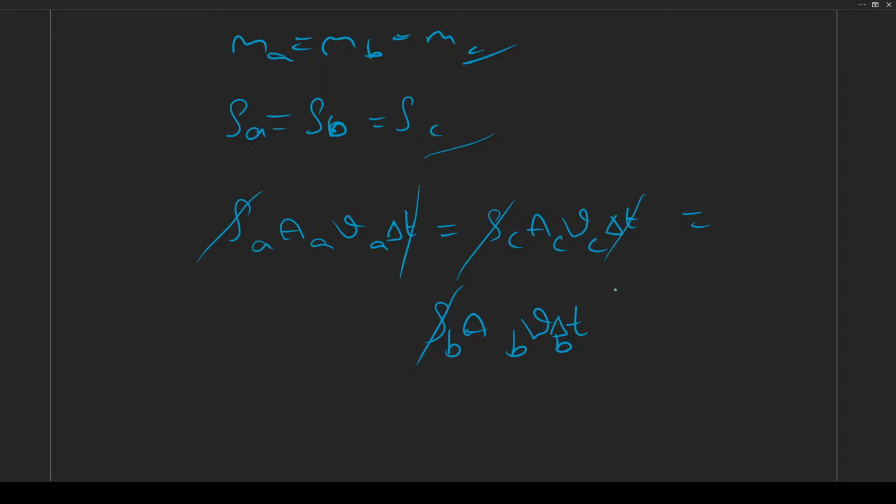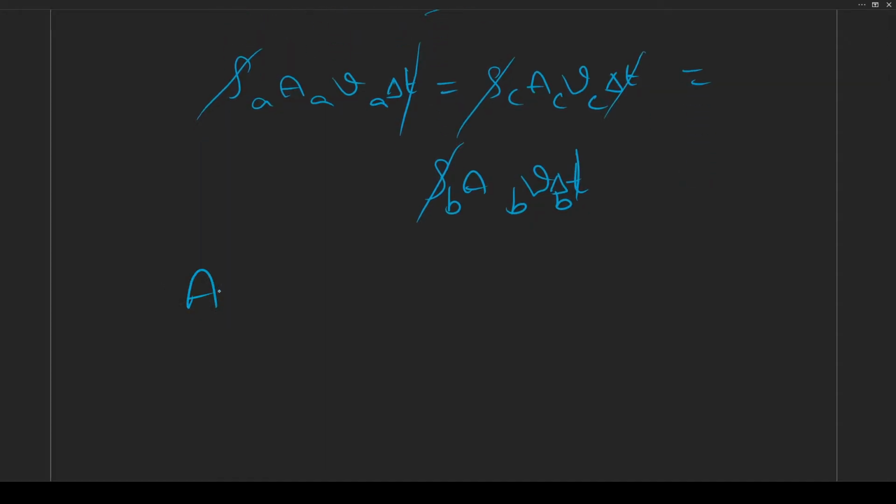Time will also get cancelled. We will get A VA equal to area at B times velocity B, equal to area at C times velocity at C.